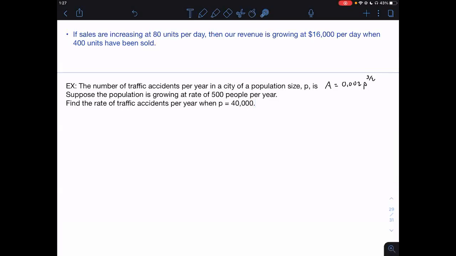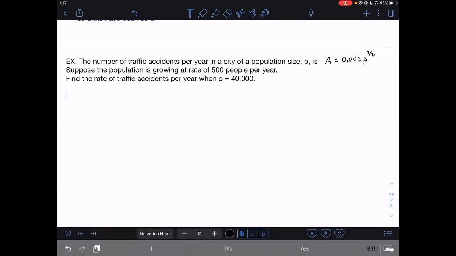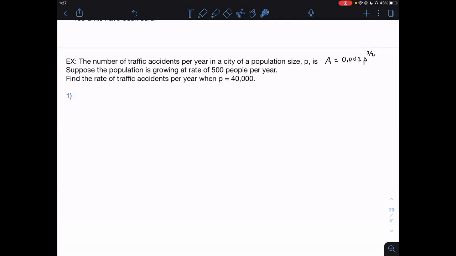Okay, so let's go through that 5-step process again. First step, we want to identify the variables that are changing with respect to our time of interest. So what are the 2 variables that we're looking at here that are changing per time? The number of traffic accidents per year, and what else?